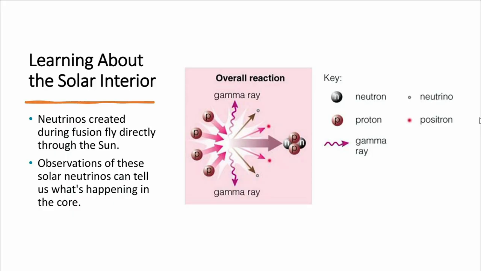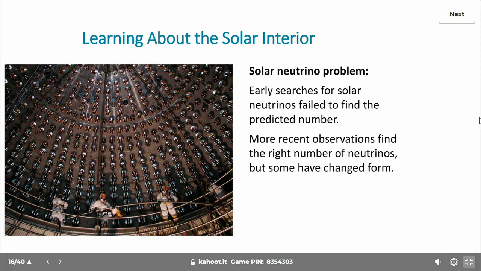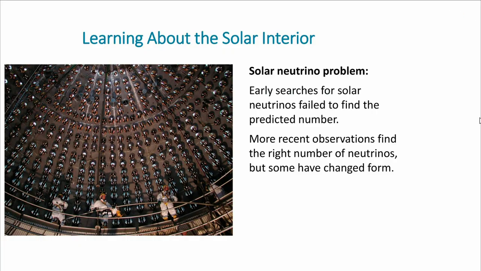So we've talked briefly about how we can detect those neutrinos. Here's another experiment that's set up. So this is Super Kamiokande in Japan. All of these little spheres on the ceiling of this chamber are the photon detectors, and then down below where these people are standing is a huge tank of water. Neutrinos don't really interact with anything, they just pass right through.